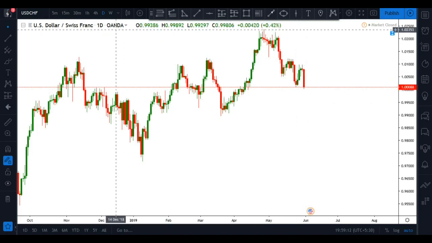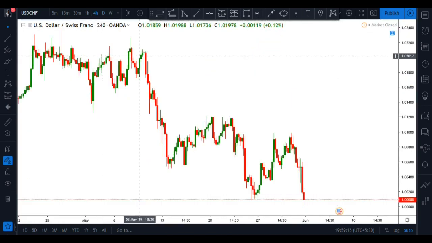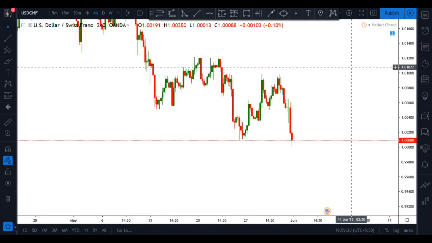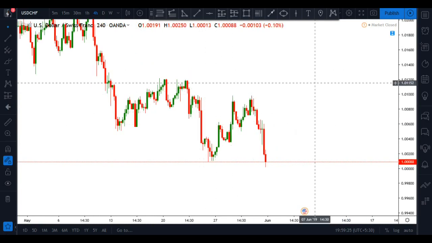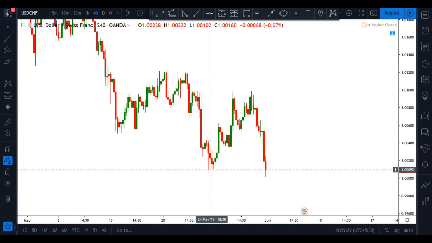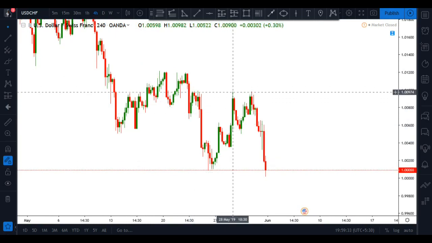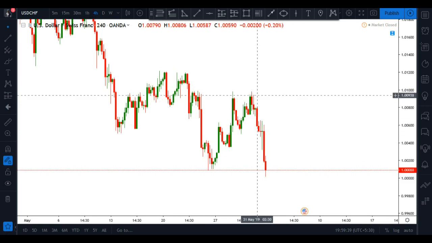But interesting thing is, if we drop down a time frame to the 4 hour, I recognize something here. You can see that we had an impulsive movement to the downside, and we retraced back up a little bit and had a little double top pattern here, and we are currently pushing to the downwards.